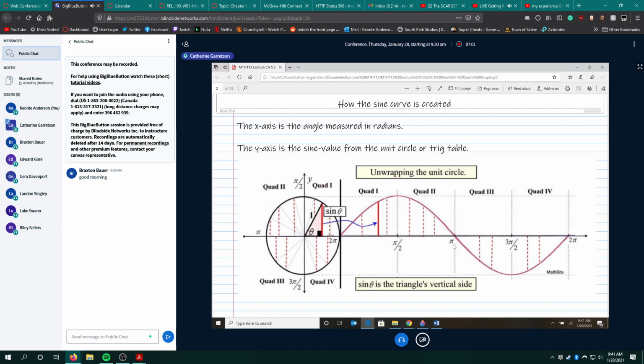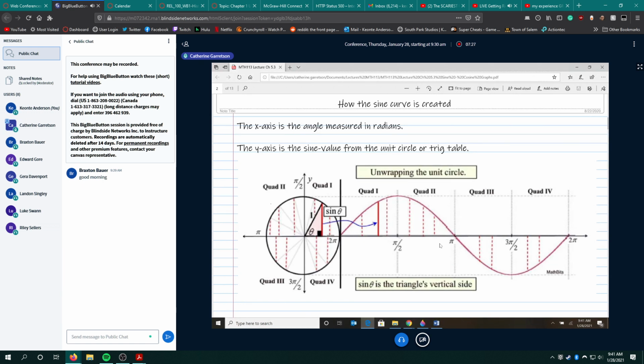The angles were measured in radians, and so the x-axis is going to correlate to the angle, and it is subdivided that way. Now, if you go this way, it's actually going in a negative direction, and you'll have negative pi over 2, negative pi, negative 3 pi over 2, negative 2 pi.